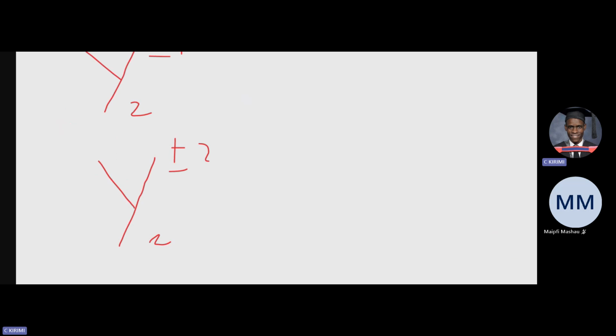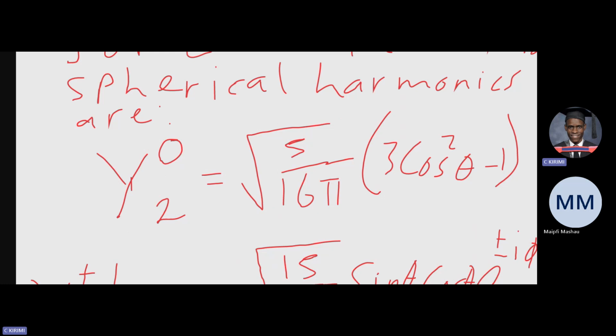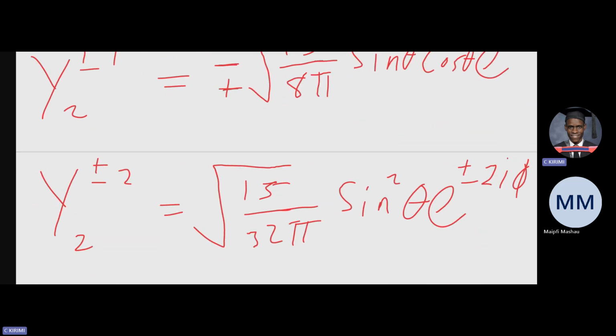That is what we are doing in terms of this spherical harmonic, which formulas we're using. So if you know that your L is 2, then those are the spherical harmonics that you are going to be using. And the question now is, how do you know that the L value is equal to 2?